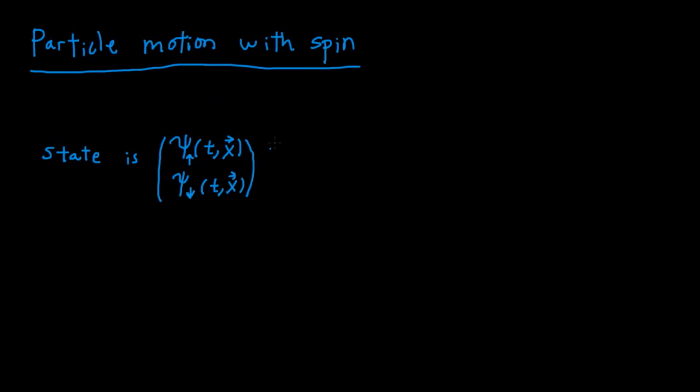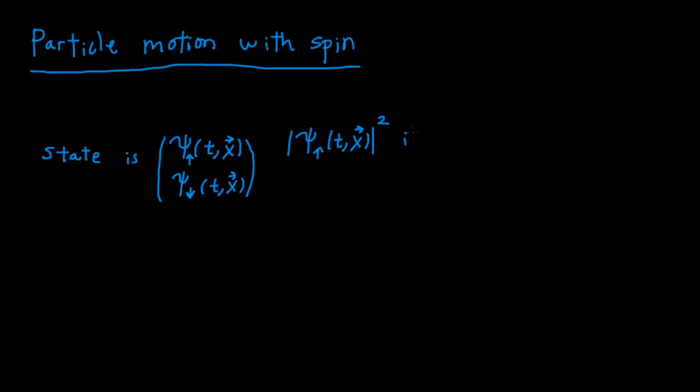Now, what is the interpretation of each of these functions? Well, let's say the absolute value of psi spin up evaluated at some t and x, right? So take the absolute value squared.